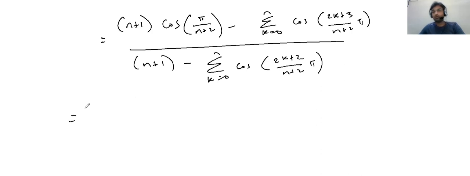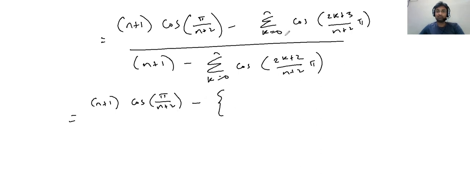Over here we don't have any other option, so it's better to open the summation sign. How to do that? We will plug in the values of k and see how it looks. So I'm going to write it again: n plus 1 cosine of pi divided by n plus 2 minus, now if I plug in k is equal to 0, it's going to become 3 pi, right?